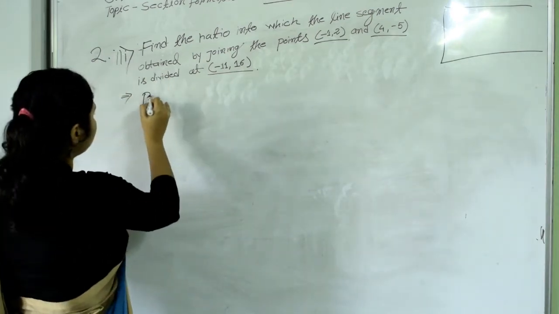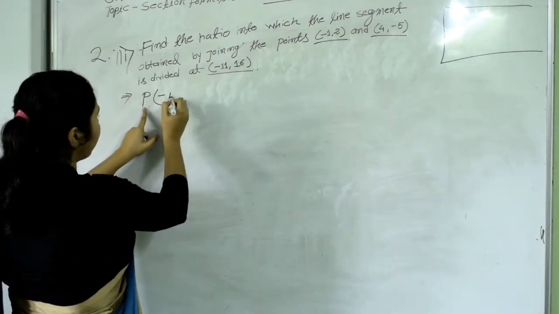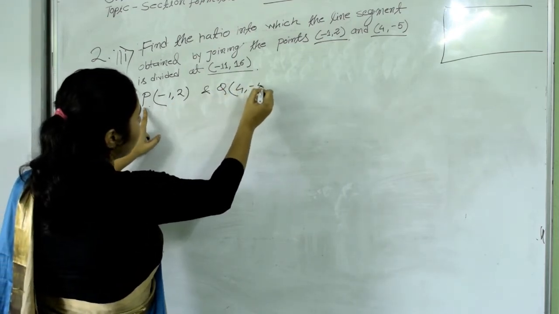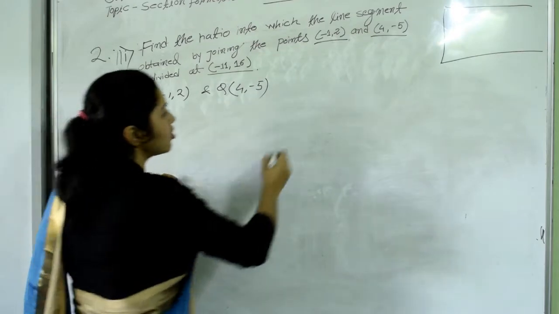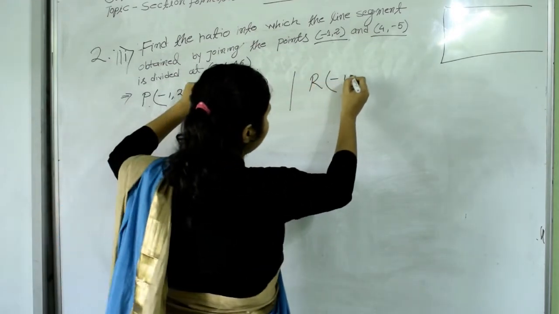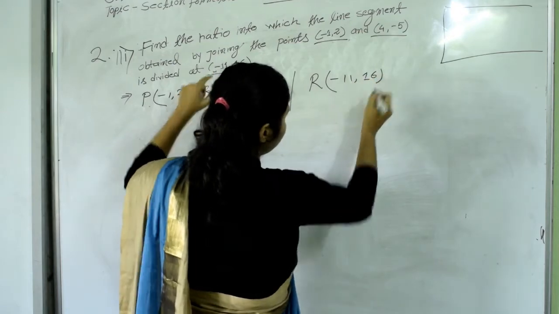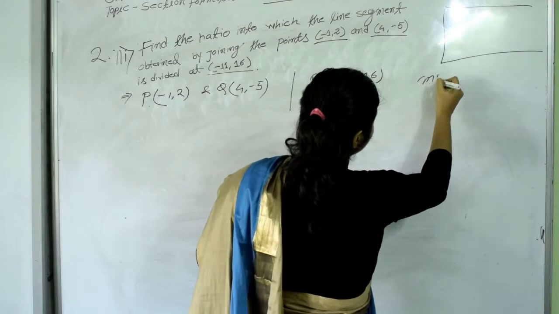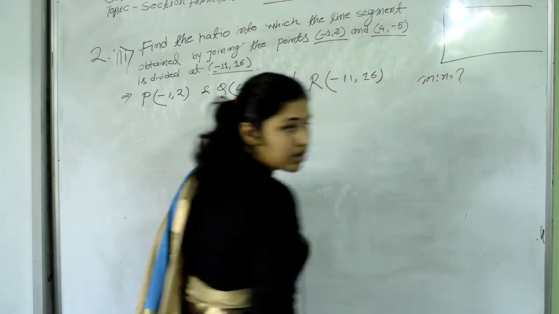So here our point P is -1, 2 and Q is 4, -5, and also the coordinates of R are given, which is -11, 16, which means we have to find the ratio m is to n, right?